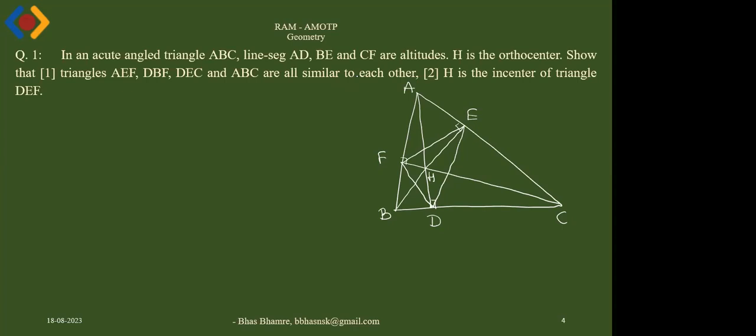I was saying that since it's a right-angled triangle, ABE and FCA have the same angle. Since it's again right-angled, we can say that the ratio of AE to AB is the same as AC to AF using trigonometry.